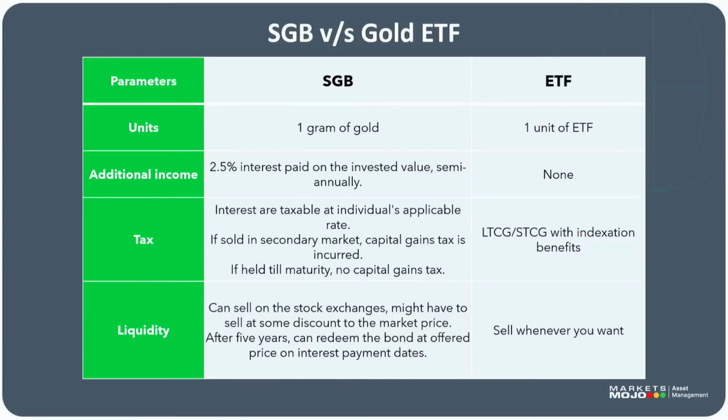If you are in 20%, it will be charged at 20%, and if you are in 30%, it will be charged at 30%. You can sell SGB, of course it will come at some discount, but if you do that, it will attract capital gains tax, less than 3 years and so on and so forth. Same logic applies. But if you hold till maturity, you don't pay any capital gains tax.